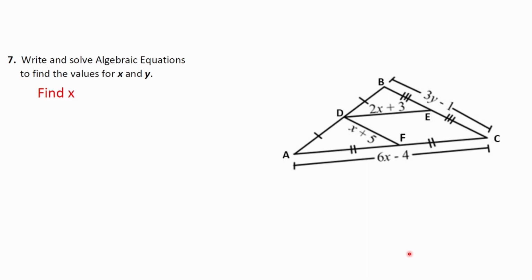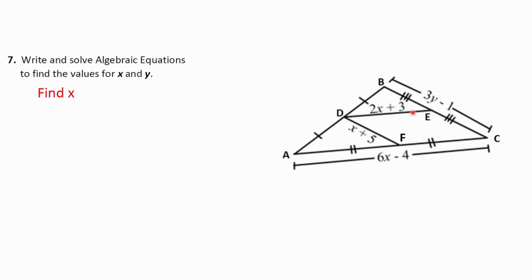All right, I'm going to walk through my process here. The first thing I'm going to do is find x. The reason that I'm going to look for x first, if I look at the different things that I have, I notice that DF, this is a mid-segment that has a value of x plus 5, and that's going to have a relationship with this third side, but this third side has a y in it. And then if I set that relationship up, I'm going to have 2 variables. That might get messy.